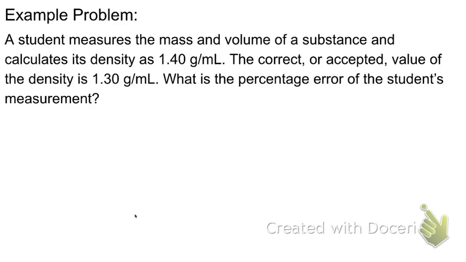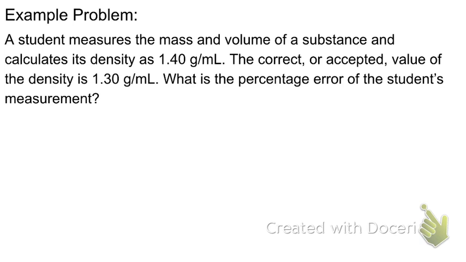Okay, so let's do an example problem with this. A student measures the mass and volume of a substance and then calculates its density to be 1.40 grams per milliliter. The correct or accepted value of the density for that gas is 1.30 grams per milliliter. What was the percent error of the student's measurement? Go ahead and try this, and then we'll run it together on the board.